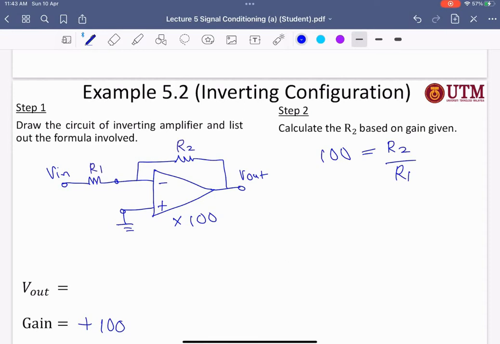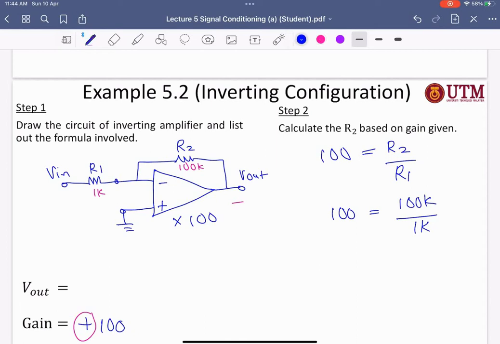So for R2 you can use 100K, and for R1 you can use 1K. This is how you get it. But the question wants a positive gain, because this one actually gives a negative output.